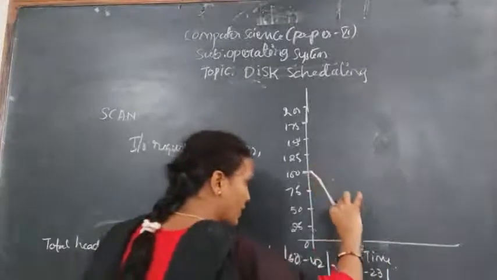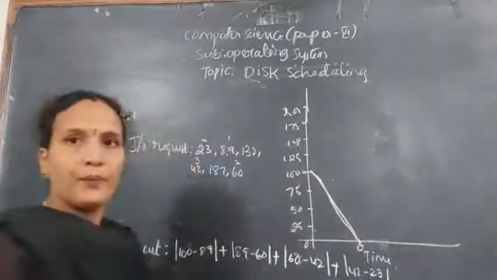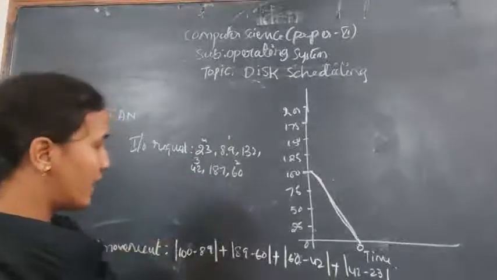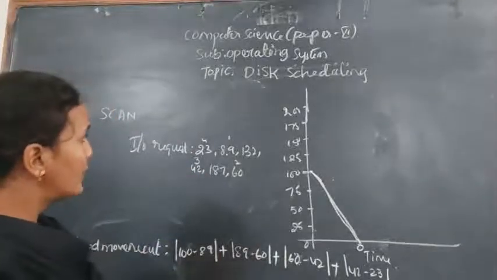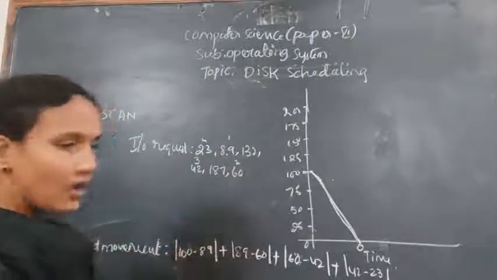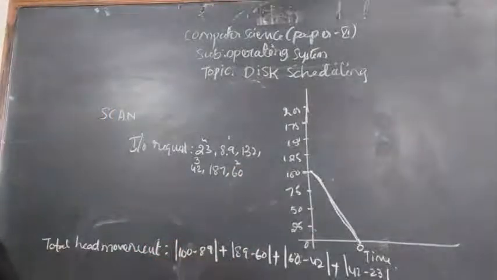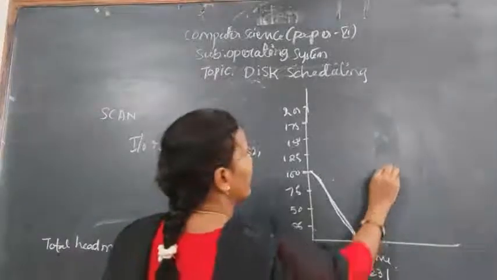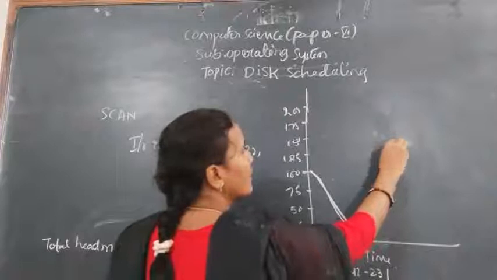So from here to here, it is one end. Now, after that it will move in the reverse direction. Clear? The reverse direction request is 132. From here again it will move to 132.